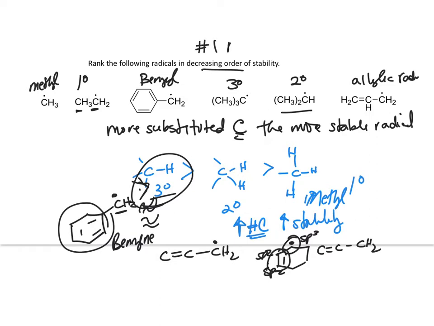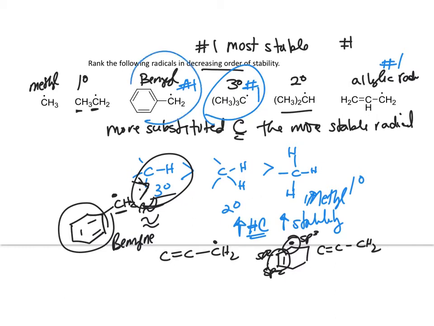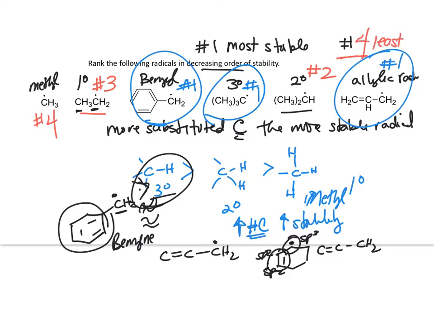Let's make number 1 most stable, and the higher number the least stable. Benzyl would be number 1, allylic would be number 1, and tertiary would all be number 1. I would consider all three of these very, very stable. The second ranking, number 2, is the secondary. Number 3 would be the ethyl radical, and then the methyl radical, number 4, would be your least stable.